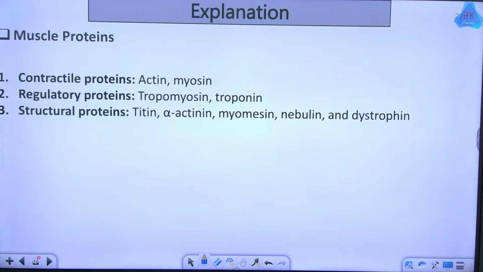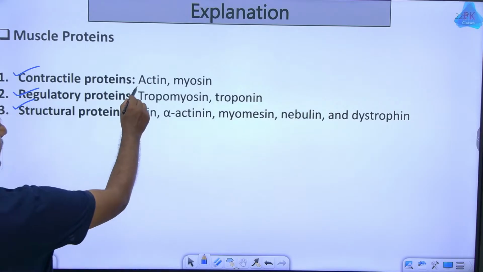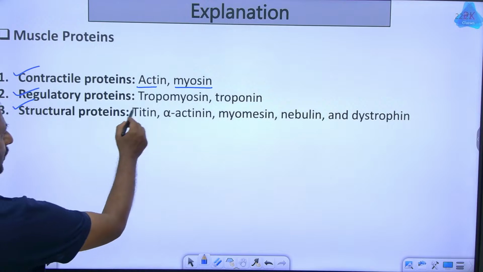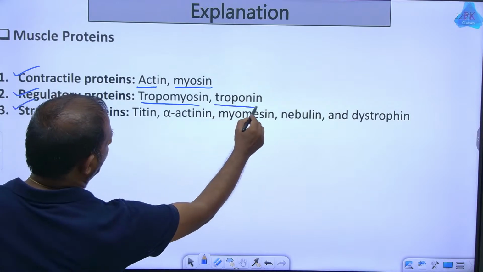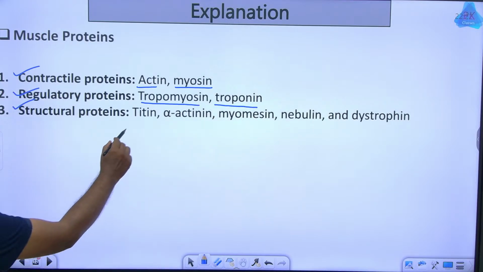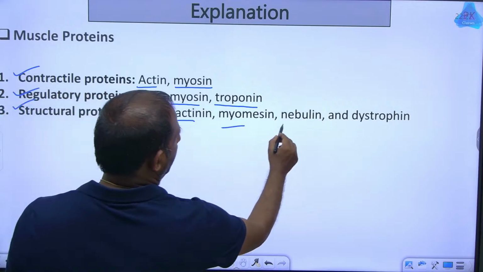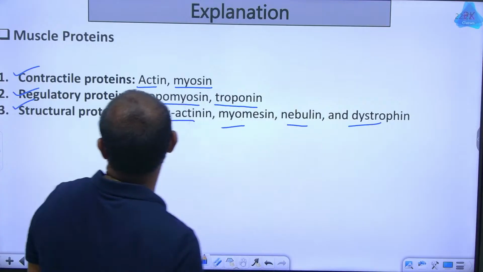Generally, muscle proteins can be contractile proteins, regulatory proteins, or structural proteins. Contractile proteins are actin and myosin. Regulatory proteins are tropomyosin and troponin. Structural proteins are titin, alpha actinin, myosin, nebulin, dystrophin.